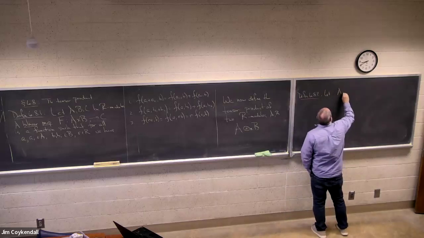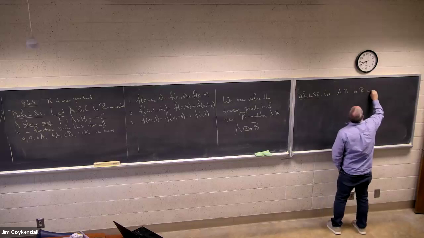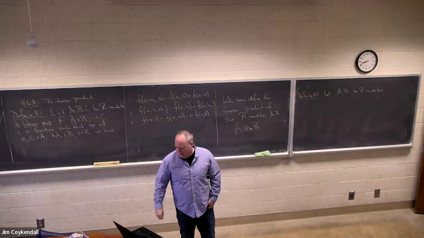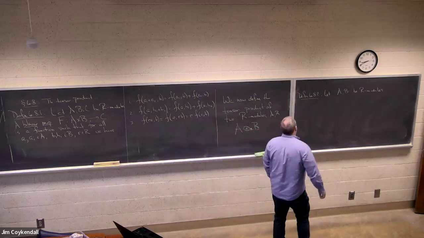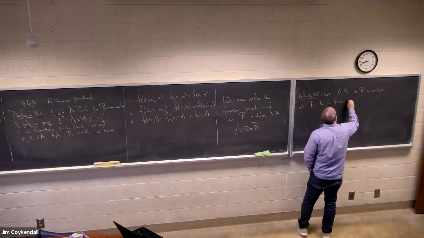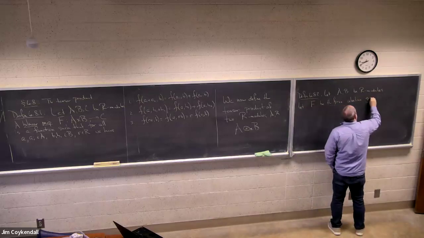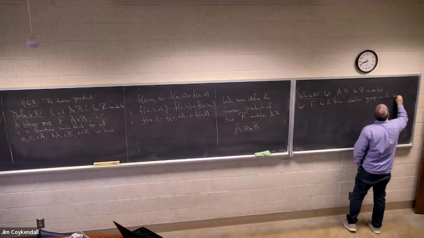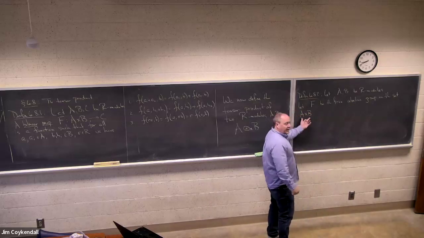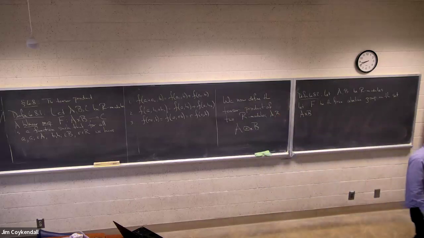Let A and B be R-modules. And I'm going to let capital F be the free abelian group on the set A cross B. Now, this set is just all ordered pairs (a, b), where a is in A and b is in B. I'm going to forget about the module structure for a moment, consider that a set of junk, and take the free abelian group on it.